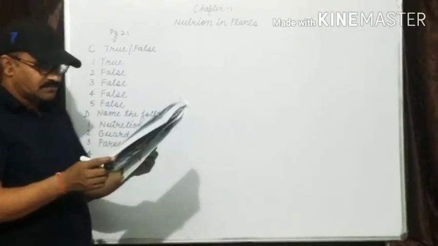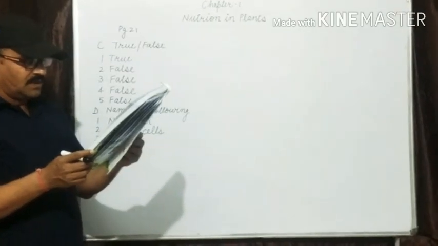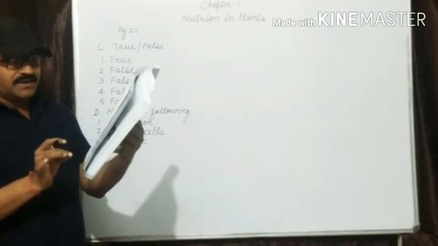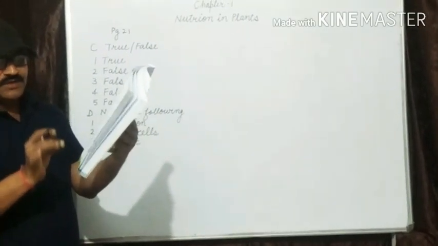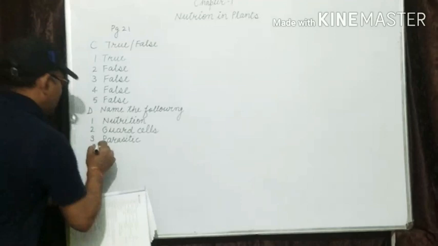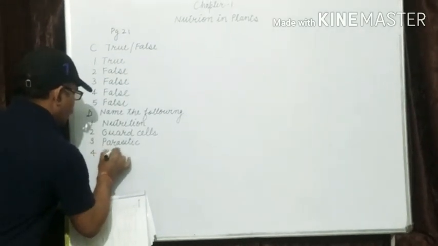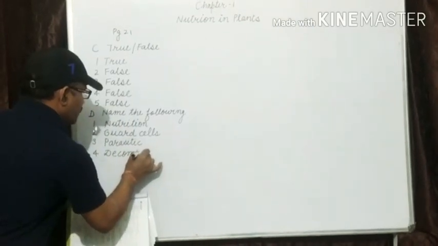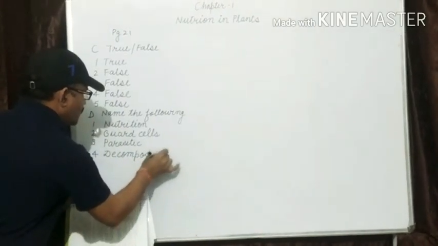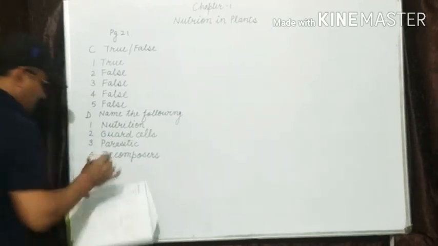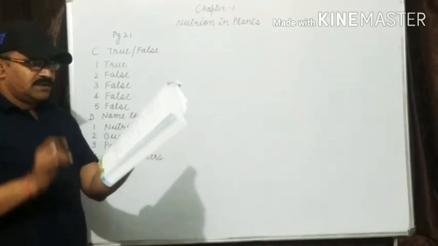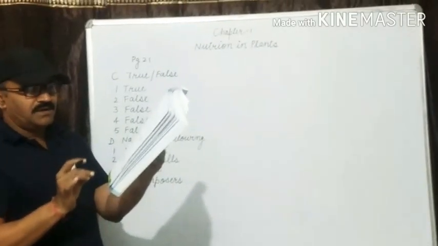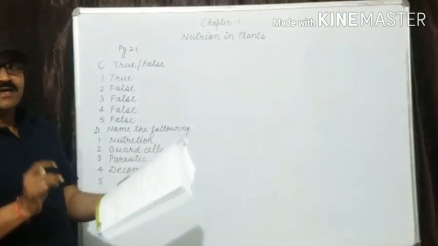Fourth, the group of organisms that break down organic matter and release nutrients into the environment are known as decomposers. Fifth, the bacterium found in the root nodules of the pea plant is known as rhizobium.